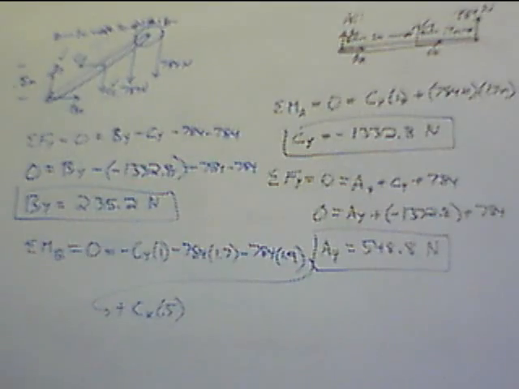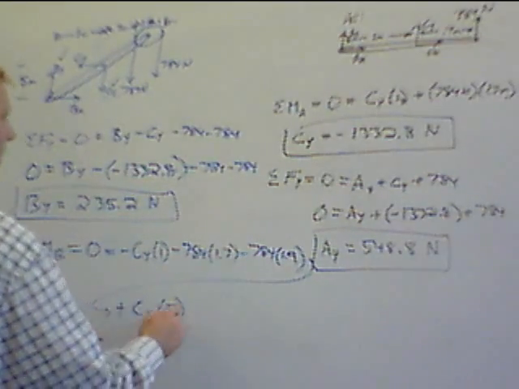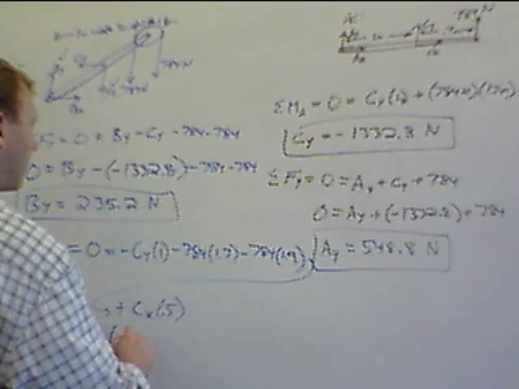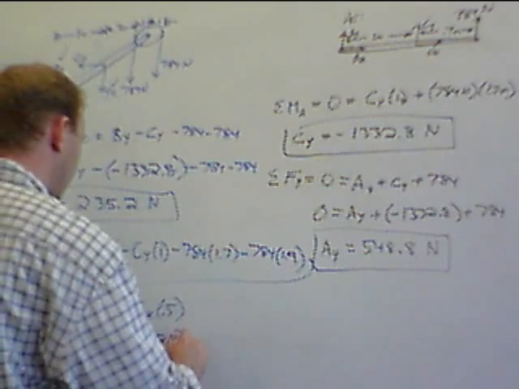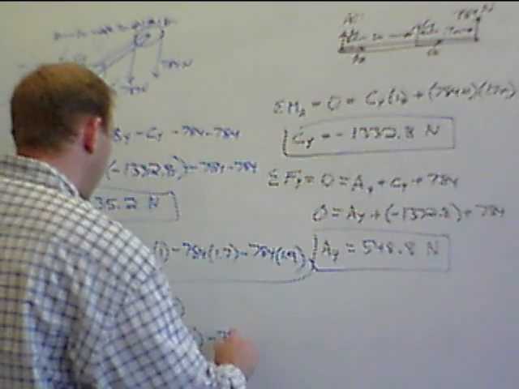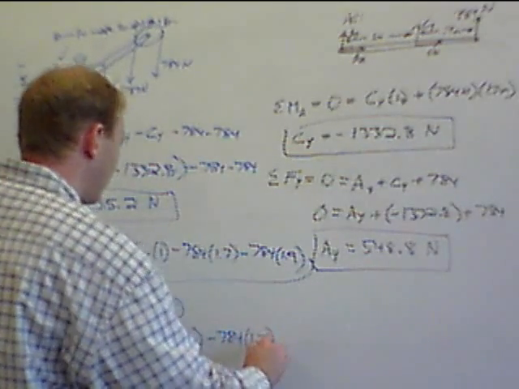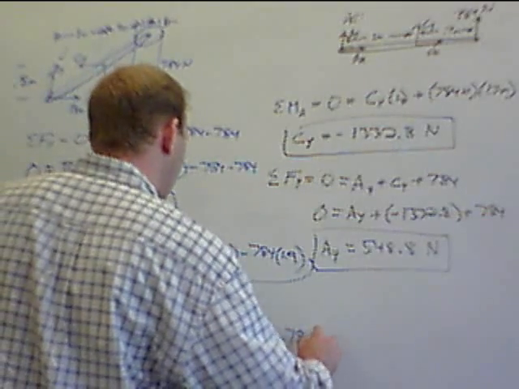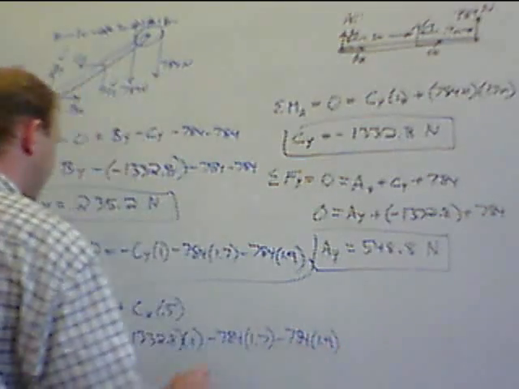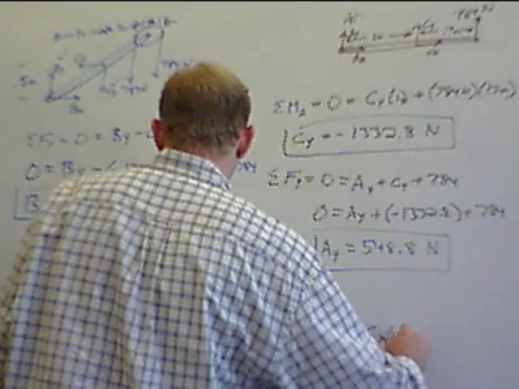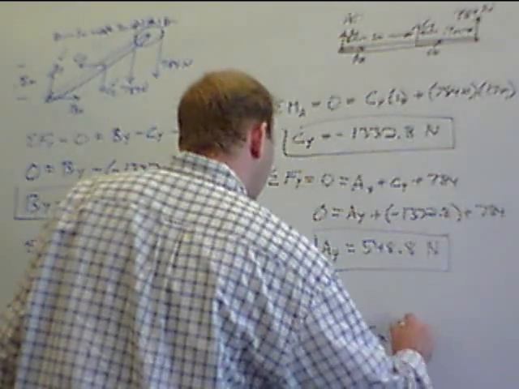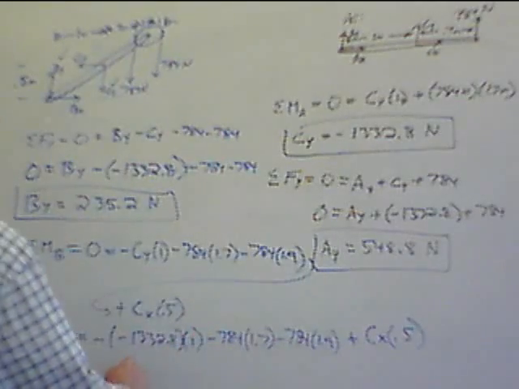Okay, so we have 0 equals minus CY was a negative 1332.8 times 1 minus 784 times 1.7 minus 784 times 1.9 plus Cx times 0.5. Okay, you guys can all do the algebra there.